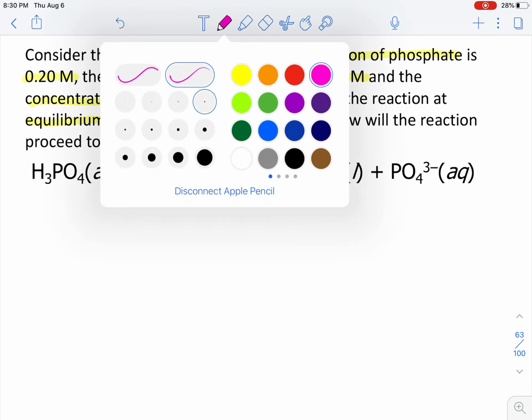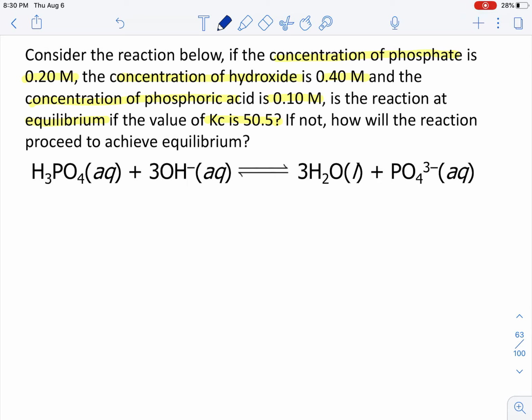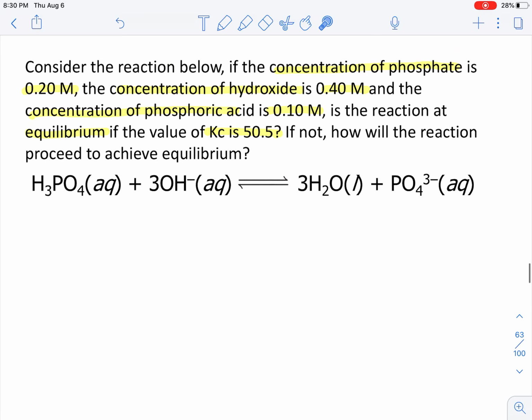And so let's go ahead and think about this problem just a little bit more. So notice that the concentrations of phosphate, hydroxide, and phosphoric acid are given to us. Did this problem indicate that these concentrations are equilibrium concentrations?